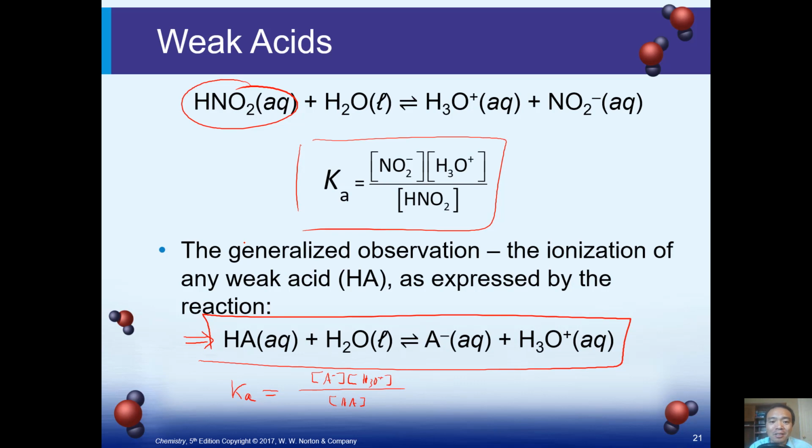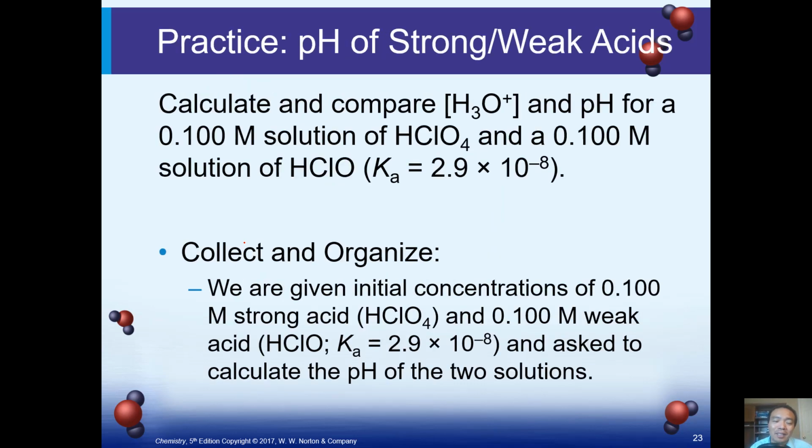But now, let's talk about one example for the pH calculation for a strong acid. Because the first thing you got to realize is whether that is a strong acid. And for a weak acid, hypochlorous acid is a weak acid, because it's not one of the 6 that I asked you to memorize.